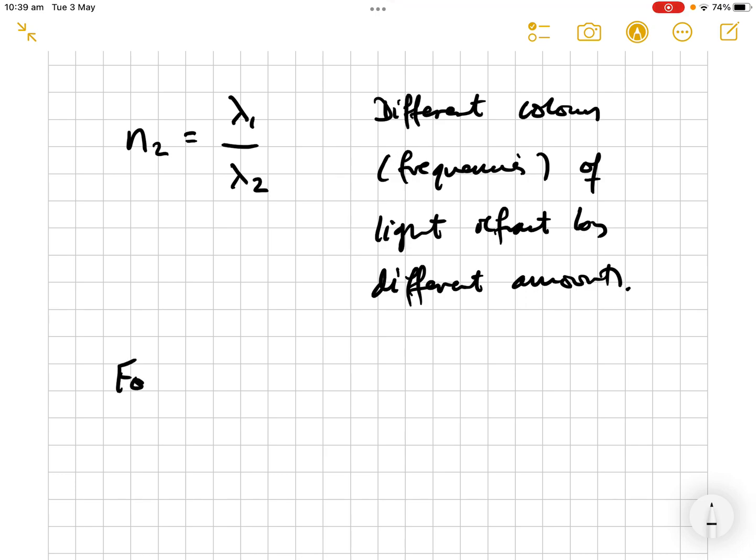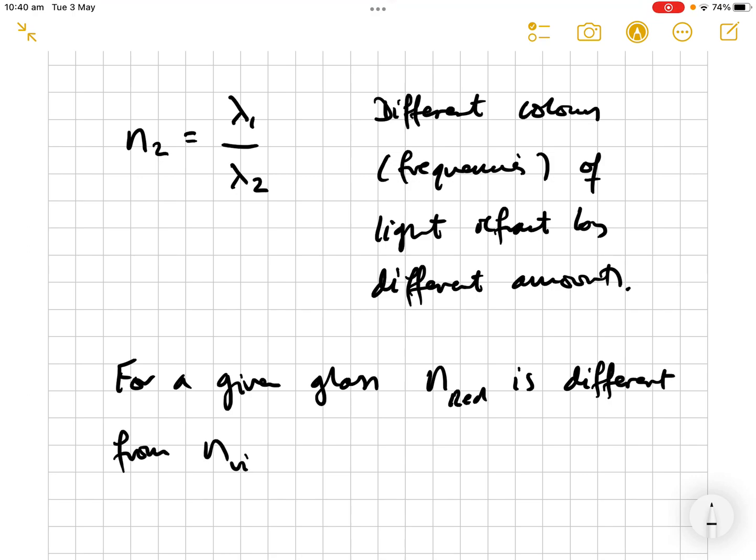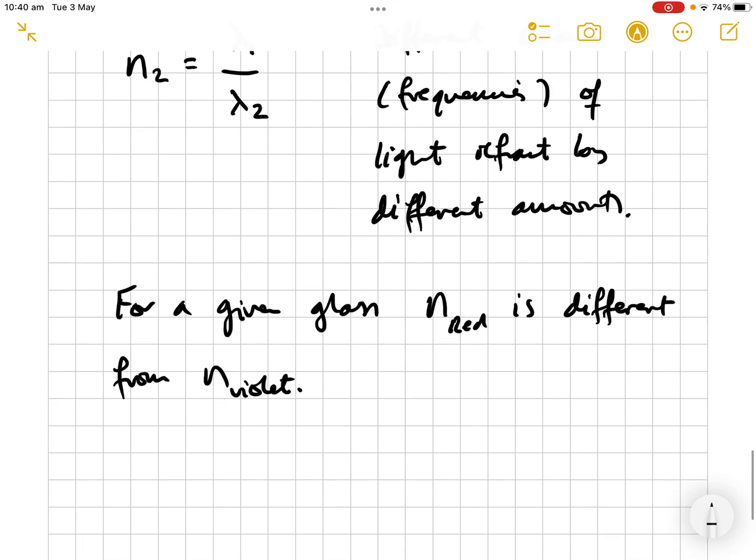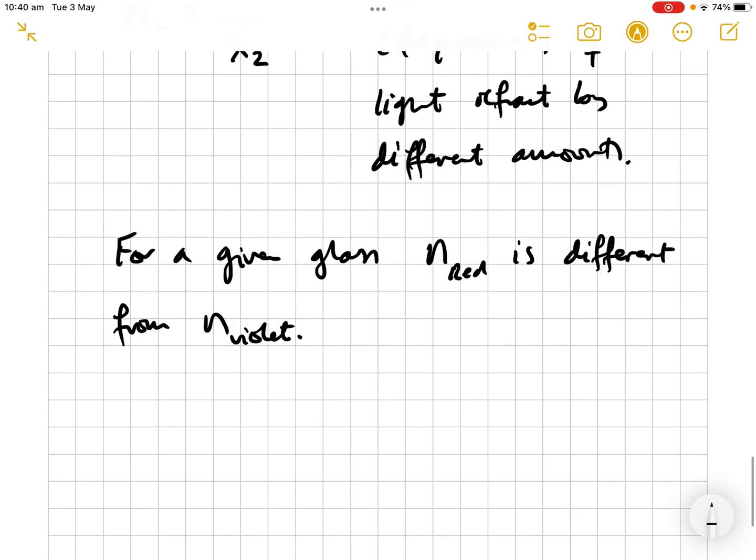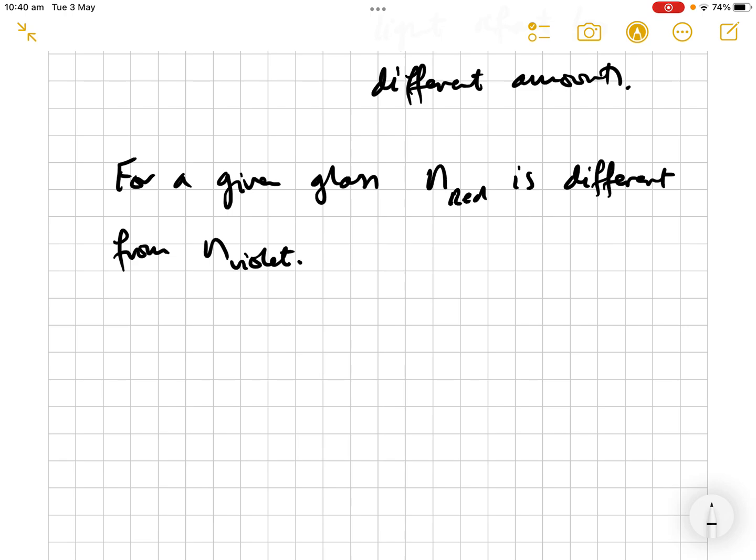So for a given glass, n for red is different from n for violet. So just be on the lookout for that. Strictly, you can only apply Snell's law to specific frequencies of light because the refractive index for the same glass is different for red than it is for violet.